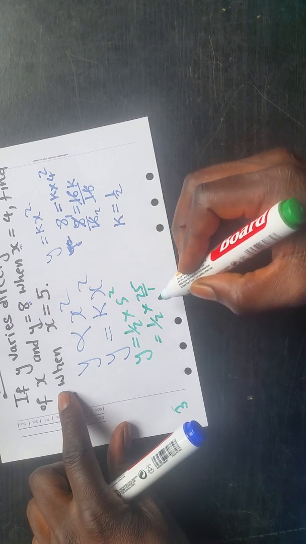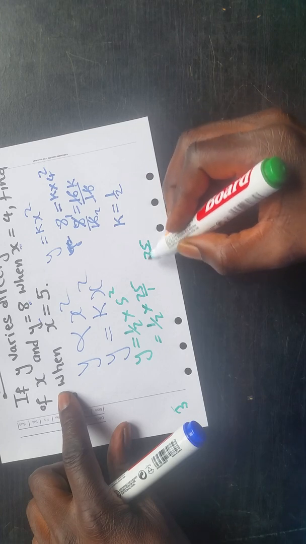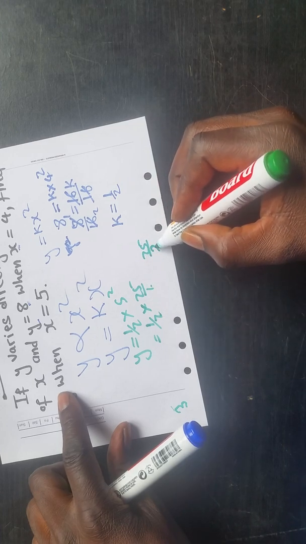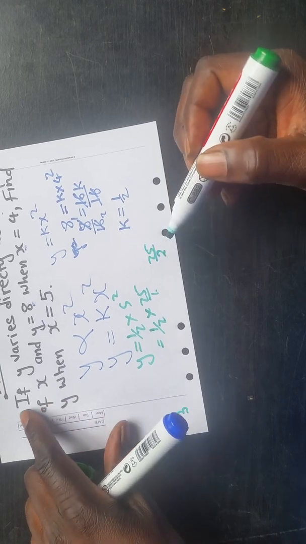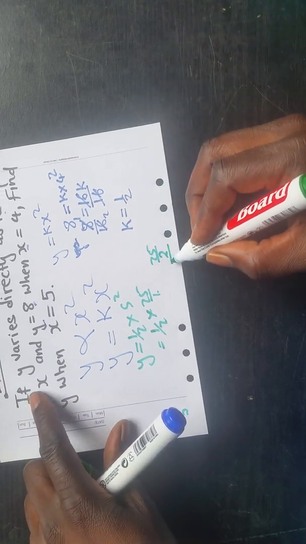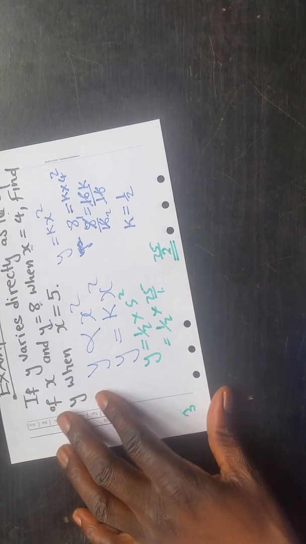This is the same as 1 over 2 times 25 over 1. You do 1 times 25, which gives 25, over 2 times 1, which gives 2. If the 2 does not go into 25 without leaving any remainder, you just leave it here. So that's how you solve this problem.